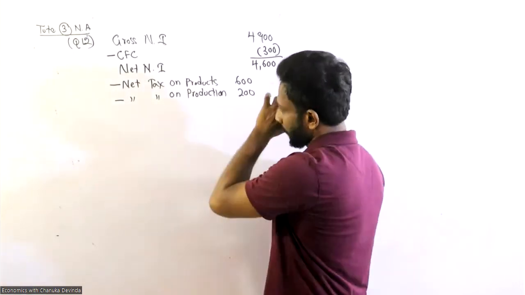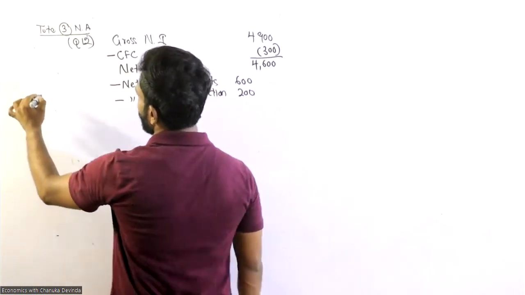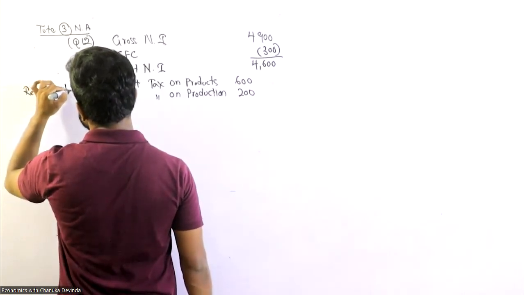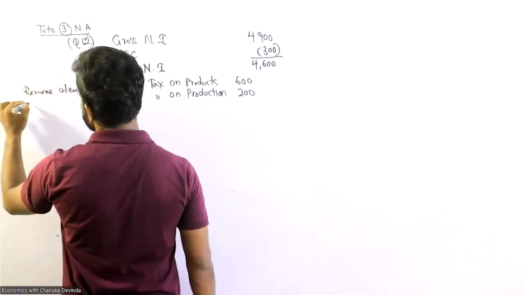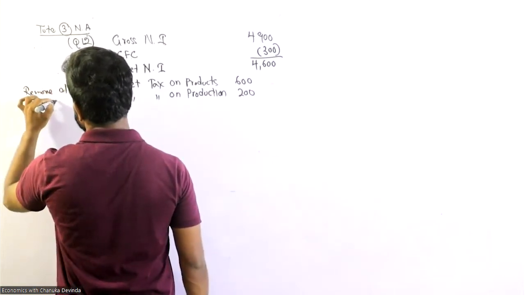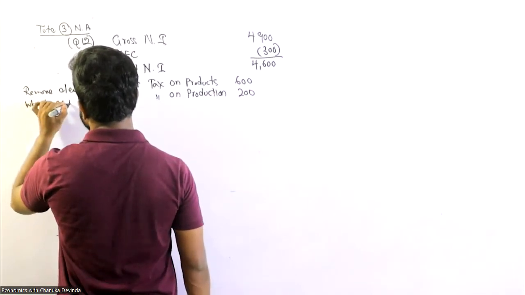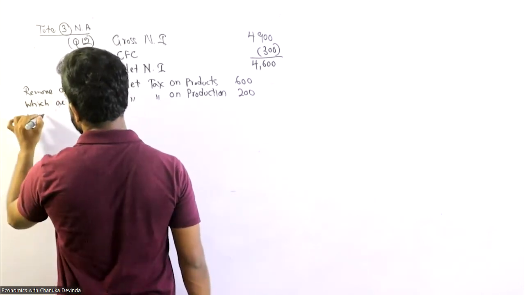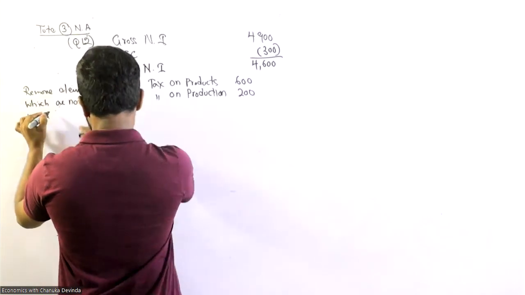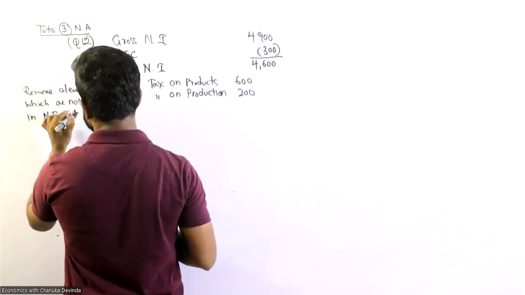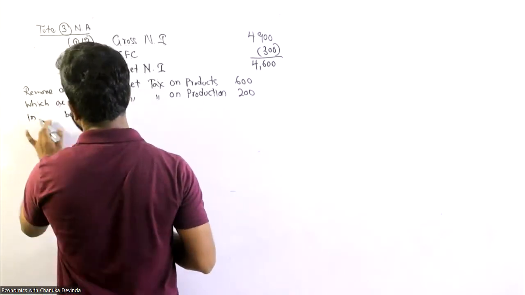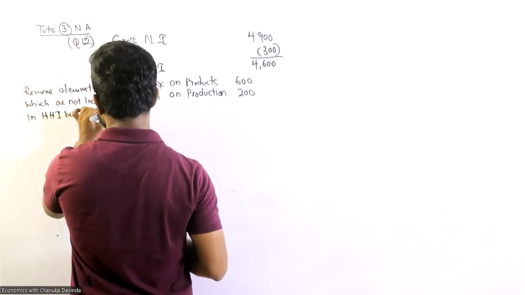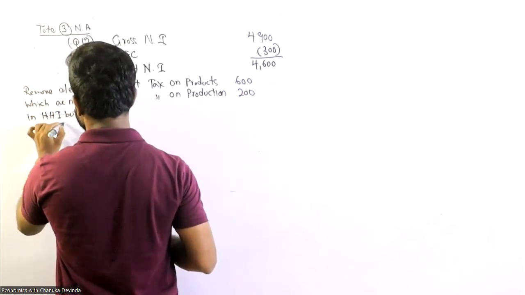Right? Here, remove all the elements which are not including household income, but including national income.